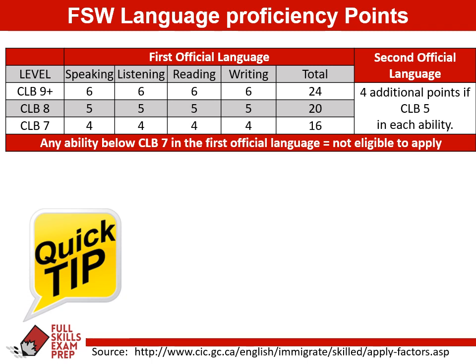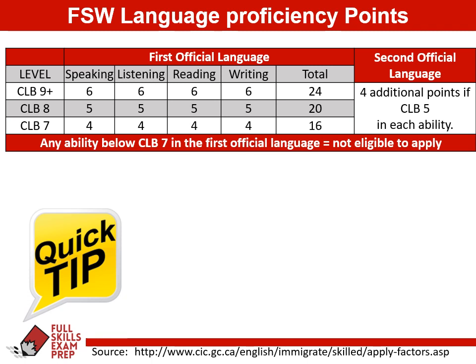Okay, so you have this chart in your test day data book as well. And we are looking at first official language versus second official language. And of course the points that a person can receive in the Federal Skilled Worker Program for their language results. So you can see that you have CLB 7, CLB 8, and CLB 9 or more.